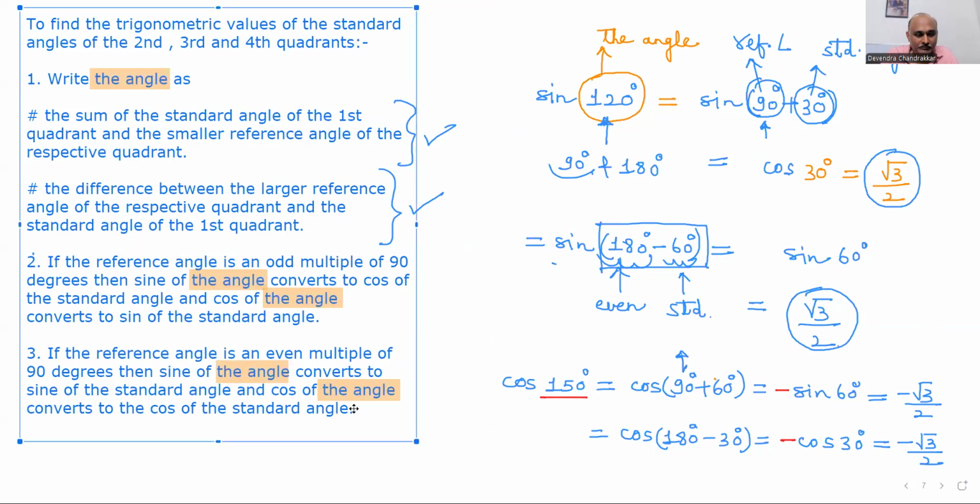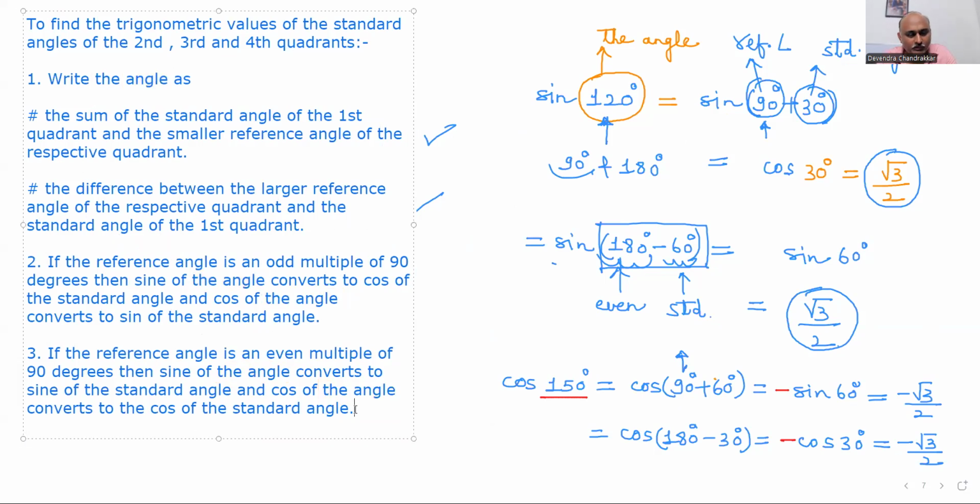So here is the fourth rule for you now. The fourth rule is, it's actually not a rule. It's an instruction.